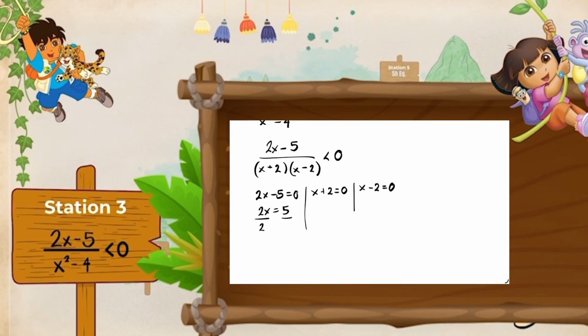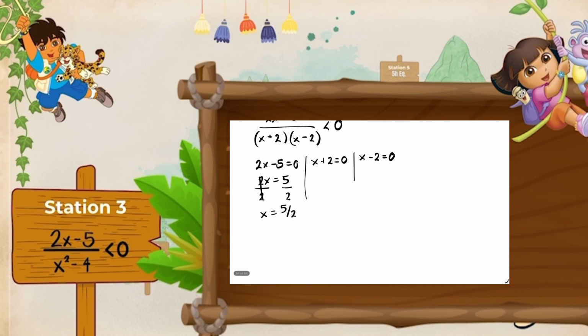Divide both sides by 2 to get x. x is now equal to 5/2, which is also 2.5. x + 2 = 0 gives x = -2, and x - 2 = 0 gives x = positive 2.